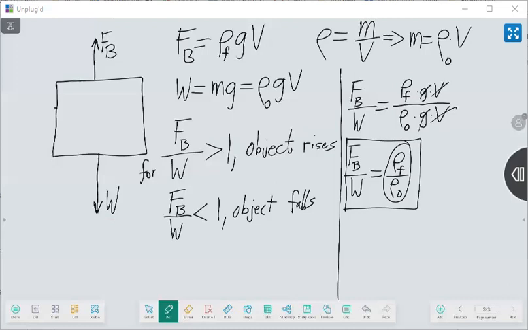Or the density of the object is less than the density of the fluid, so it rises. That's where this confusion comes from. But it's not the density that's pulling it up or down. It's simply the ratio of the forces applied to the object reduced to the ratio of the densities. So I hope that helps.